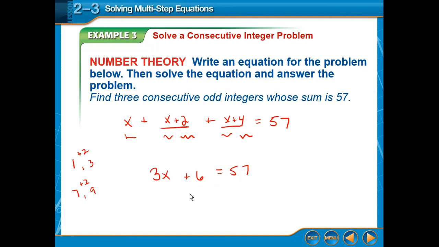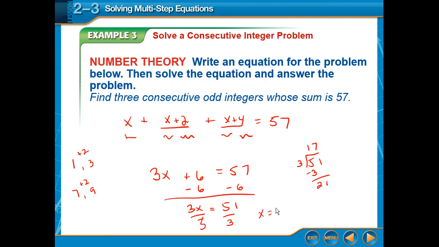So I'm going to do the opposite in the opposite direction. I'm going to subtract 6 first. So I get 3x equals 51. And if I divide by 3, 51 divided by 3 is 17. So x equals 17.